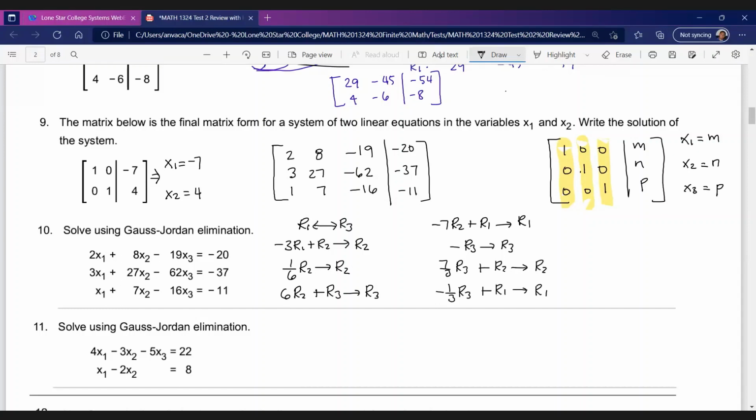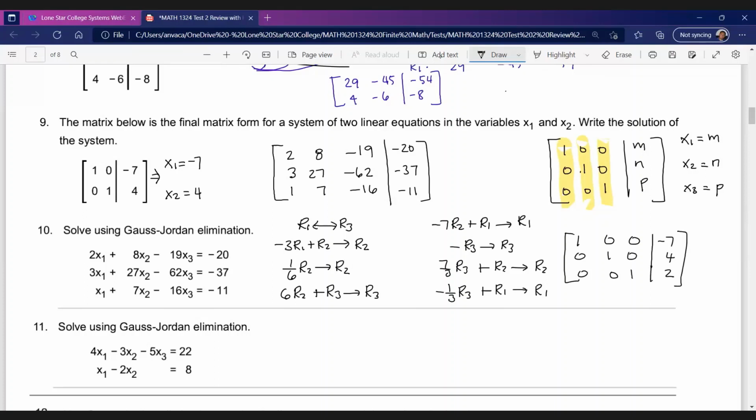The augmented matrix then turned out to be 1, 0, 0, -7, 0, 1, 0, 4, 0, 0, 1, 2.